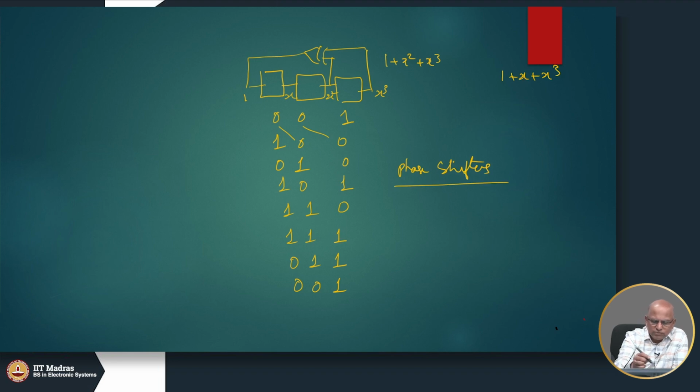So, what you can do is, if these are the outputs of the LFSR, this is a 3-bit LFSR, we can add what is called a phase shifter.